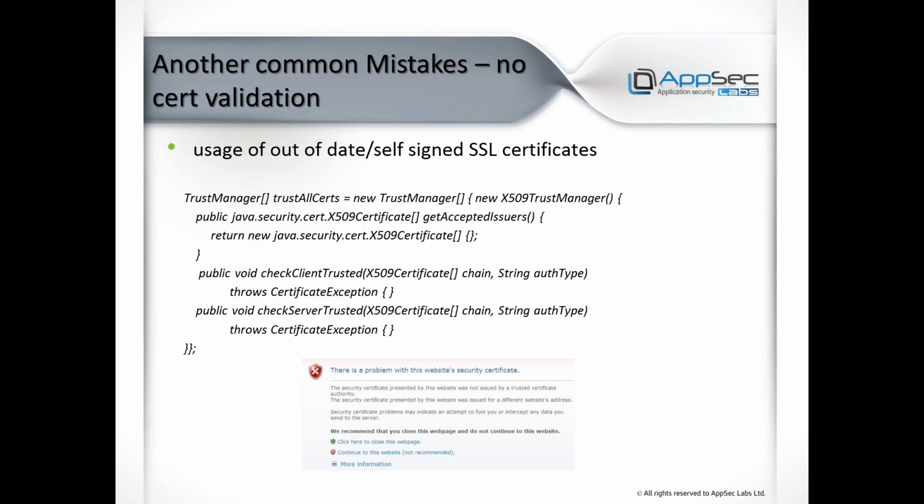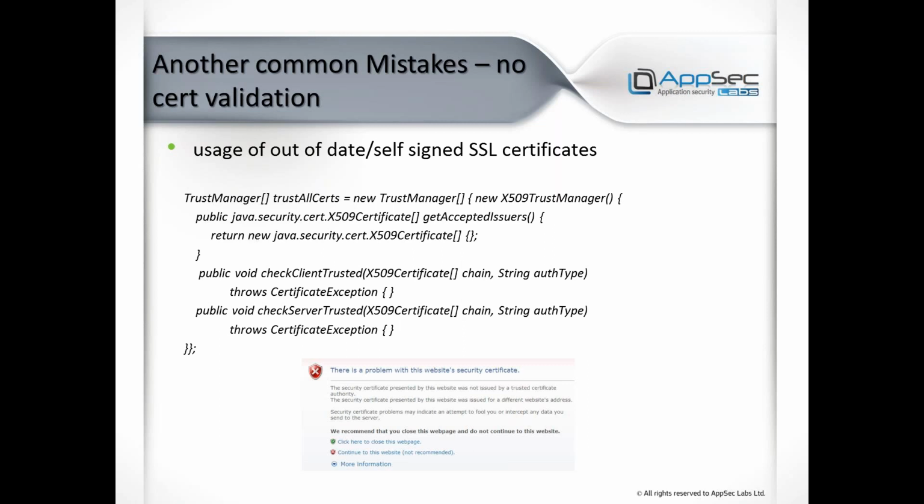But if you would like to use a self-signed certificate, you will need to disable certificate validation, like you see in the code that appears on the screen. It is okay to use this kind of thing in the development environment. But when this happens in production, you end up with an app that, even if it is using a good, valid certificate, doesn't check the authenticity of the certificate.